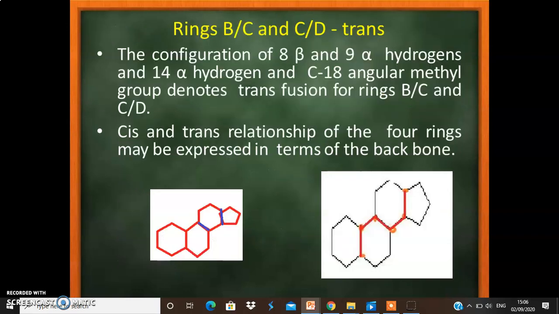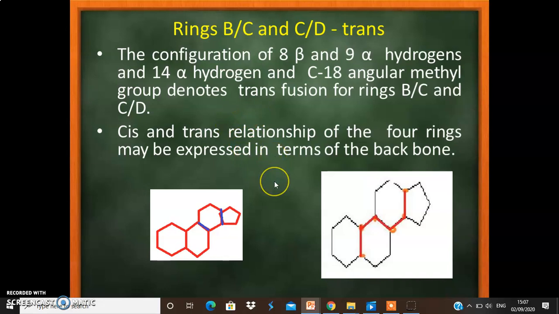Rings B, C and C, D are also trans; the configuration of 8 beta, 9 alpha and 14 alpha hydrogens and the carbon 18 angular methyl group denotes this trans fusion for rings BC and CD respectively.